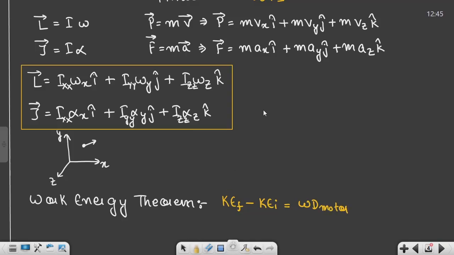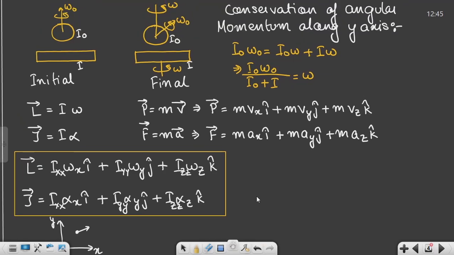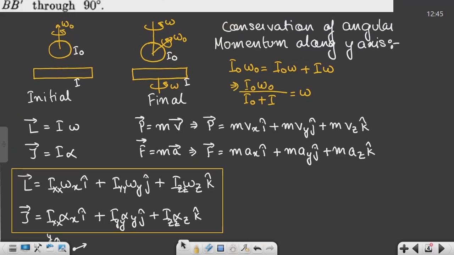Now what is final kinetic energy? Final kinetic energy is nothing but kinetic energy of the sphere plus kinetic energy of the platform, which is nothing but half I omega square plus half I naught into omega naught square plus half I naught into omega square. You might have a question, sir, I understand this is I naught moment of inertia, but this is I naught and this is omega square.